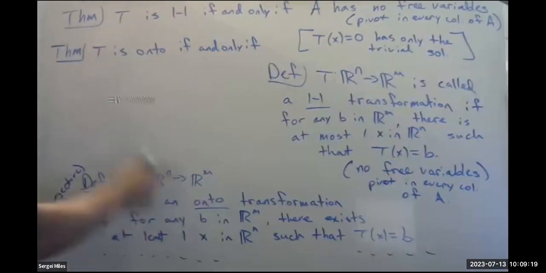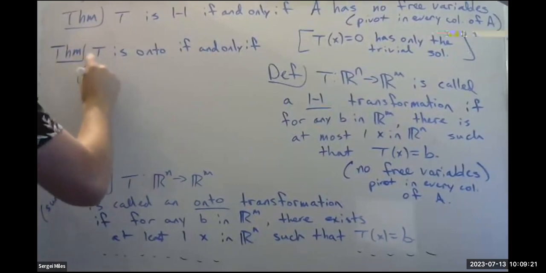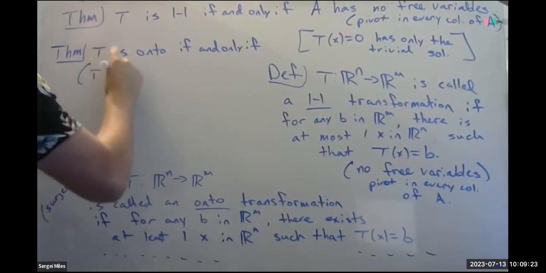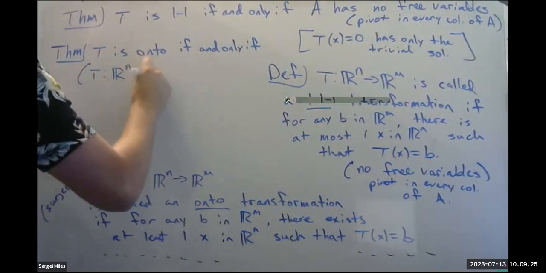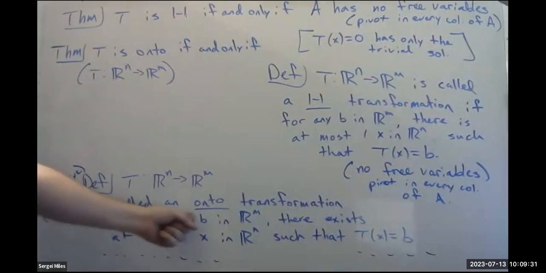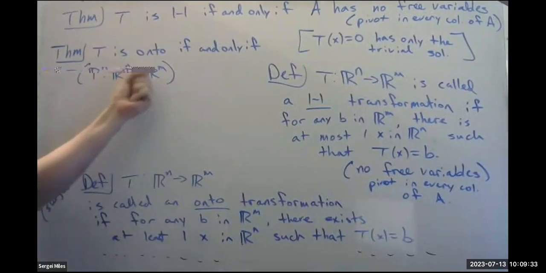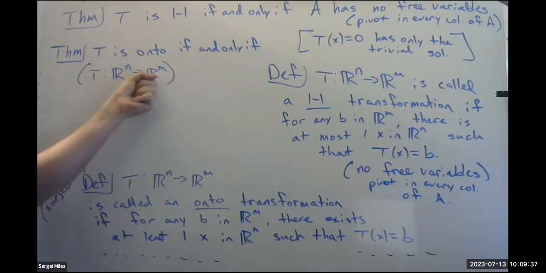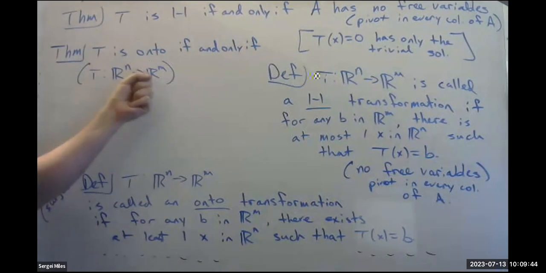Well, T, recall, we said is a transformation from Rn into Rm. And we said it has to have at least one solution for every possible B in the codomain. In other words, this transformation needs to span.